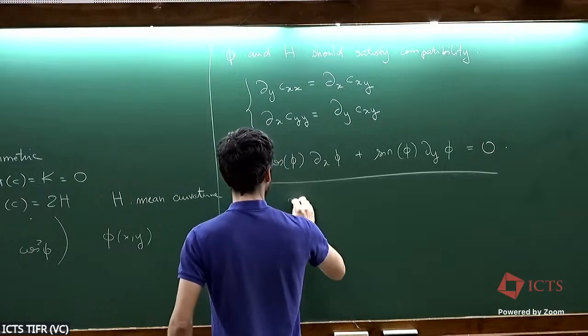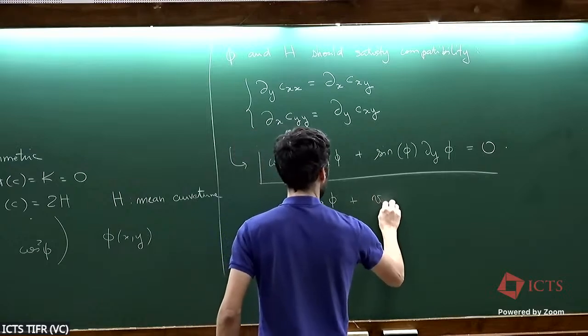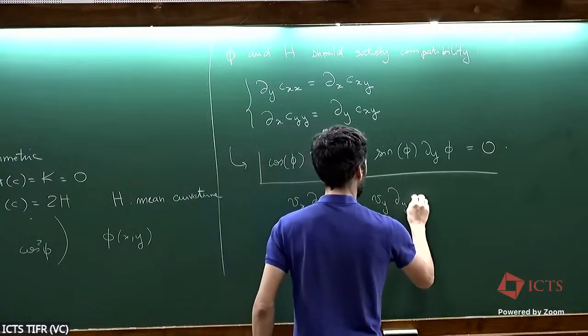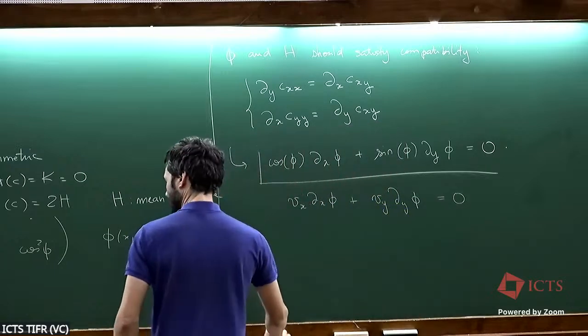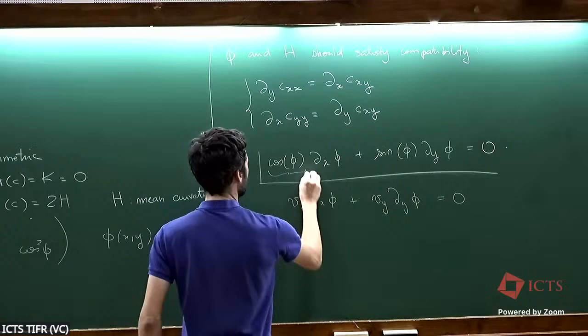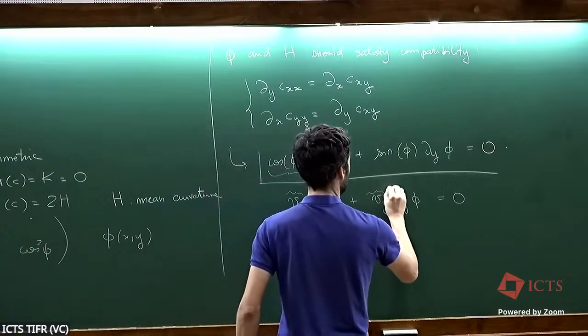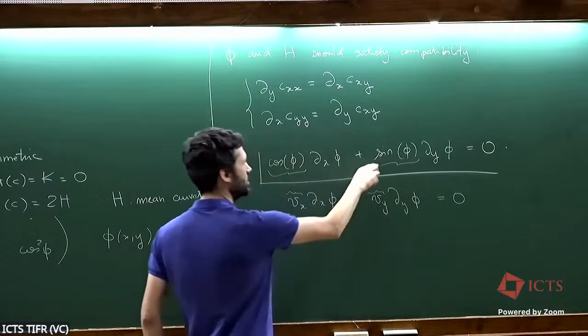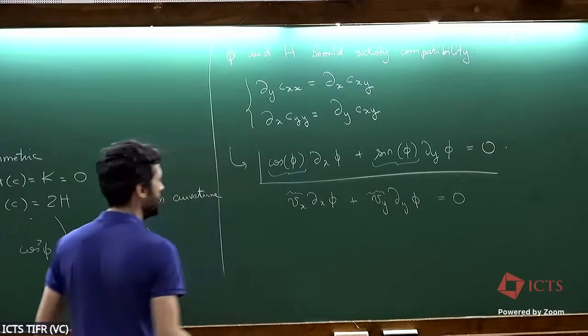You write it as V_x d_x phi plus V_y d_y phi equal to 0, where V_x and V_y are cos phi and sin phi here.